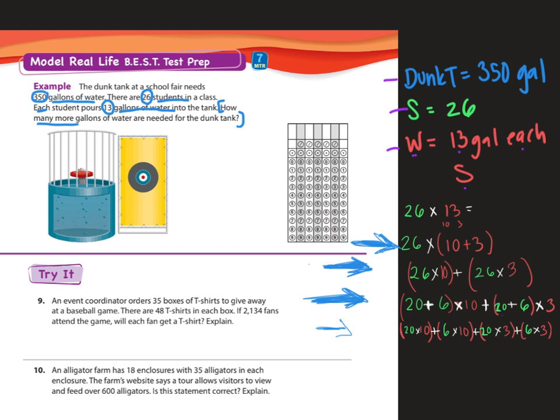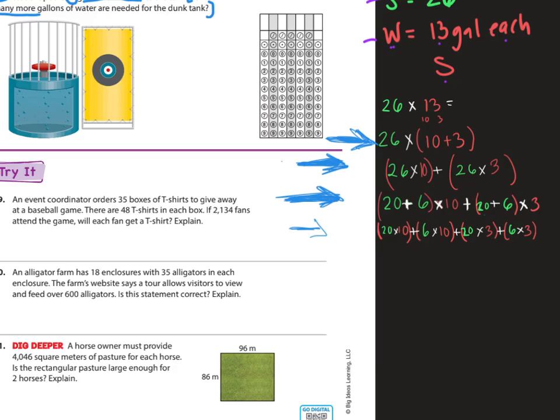So 20 times 10 is 200, plus 6 times 10 is 60, plus 20 times 3 is 60, plus 6 times 3 is 18.